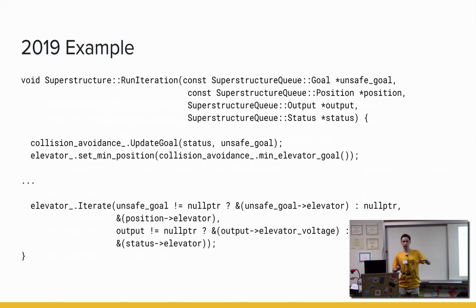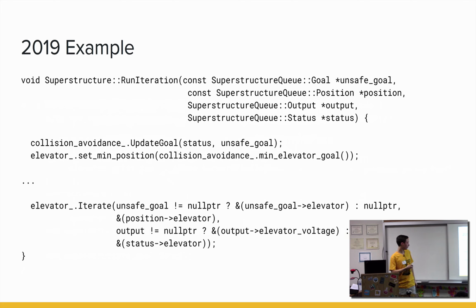It would say, okay, don't move the wrist at all, but modify the elevator goal to be at a higher position. Then in a future iteration, when it detected that the elevator was actually at that higher position, it would allow the wrist goal to go through while it held the elevator at that higher position. And then finally, when it reached the other side, it would relax the elevator minimum and allow that to drop back down.